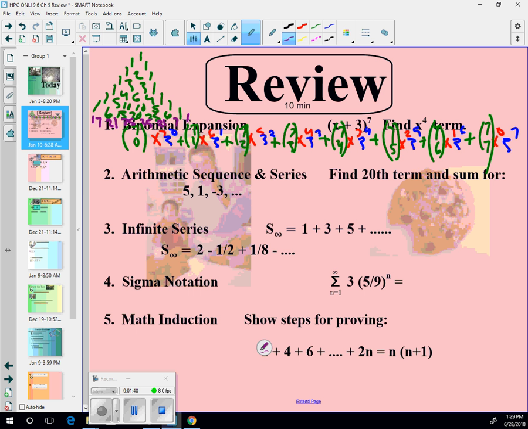So this is going to be 1 x to the 7th plus 7 times 3, which is 21, x to the 6th. 7 choose 2 was 21, so that'll be 21 times 9 x to the 5th. The next one's 35 times 27, x to the 4th.